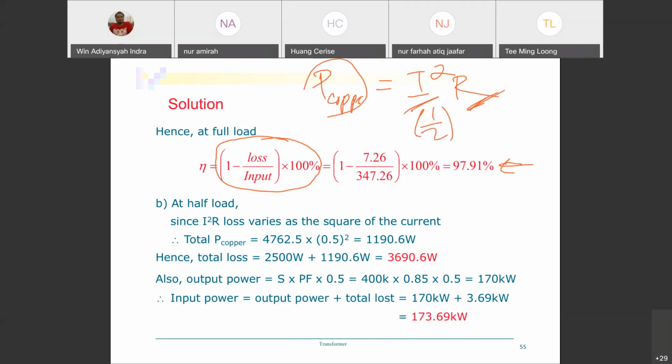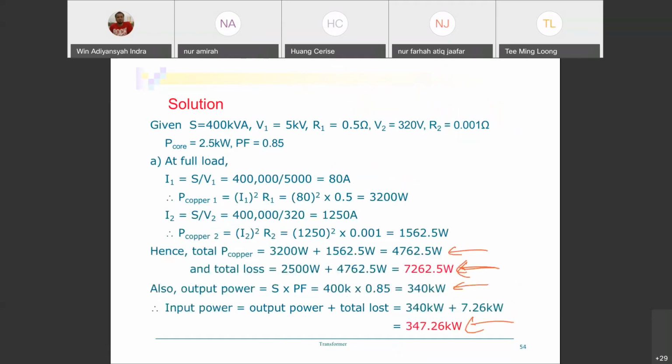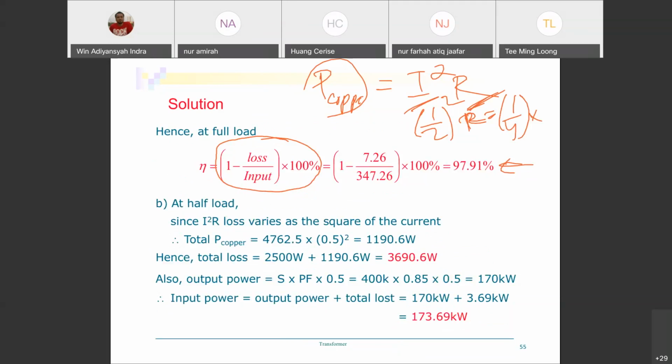Half squared, to the power of 2, so 1 over 4. 1 over 4 multiplied with the total copper just now in A. In A, we get the total copper is this one.